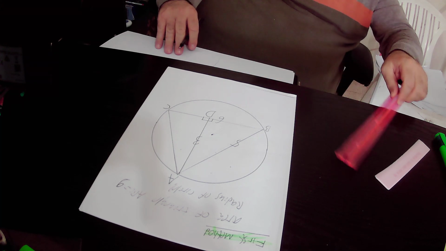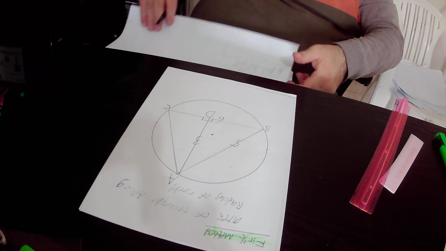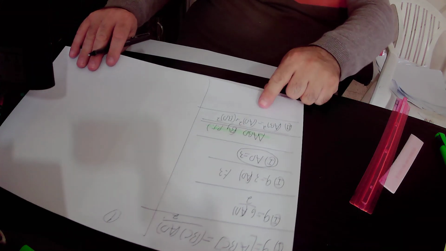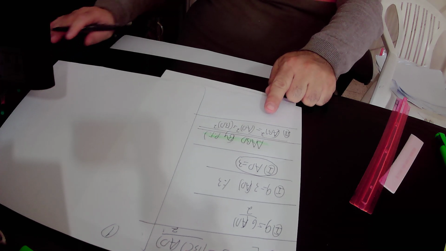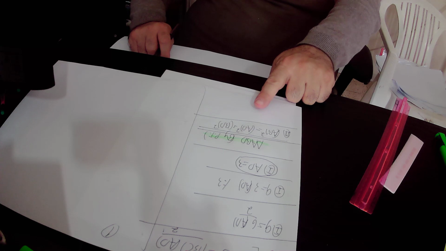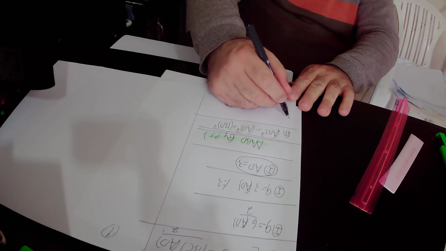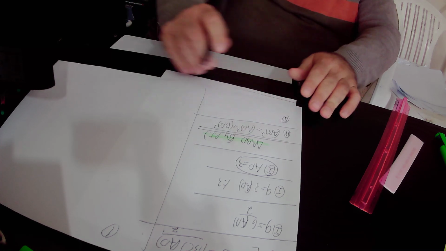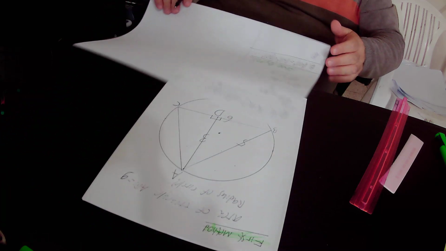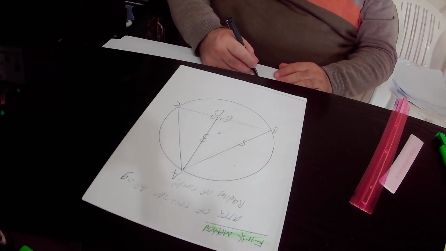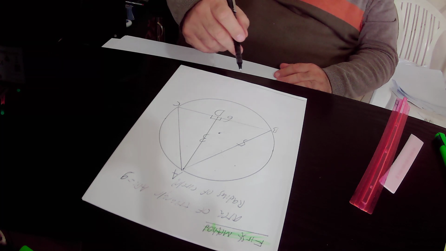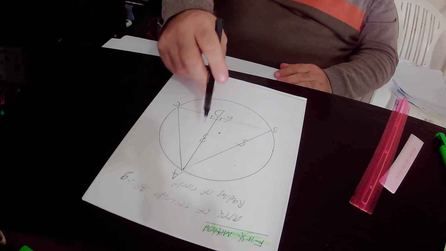I repeat again. In the right triangle, triangle ABD, according to the Pythagoras theorem, we get that AB squared equals AD squared plus BD squared. AB equals 5, so AB squared is 5 squared, that is 25, and it is equal to AD squared.